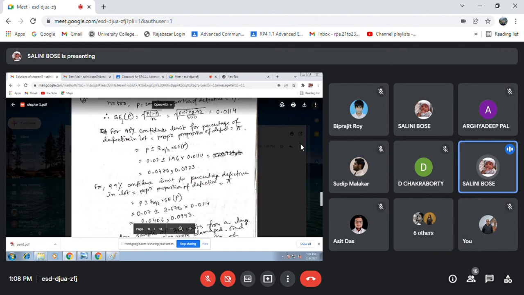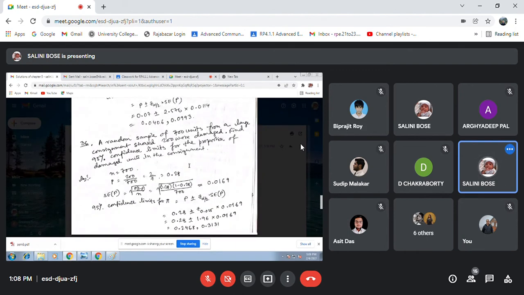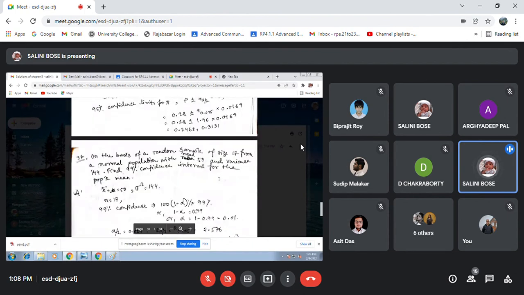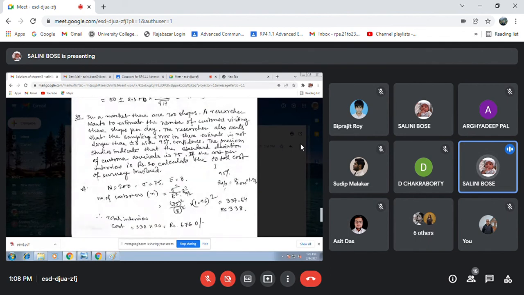So in terms, it is written here, and you just put this value, you will get these two limits. And for 99% also, in a similar way, you can get the limit. So here some questions on proportion are given. These questions are all based on the same theme.